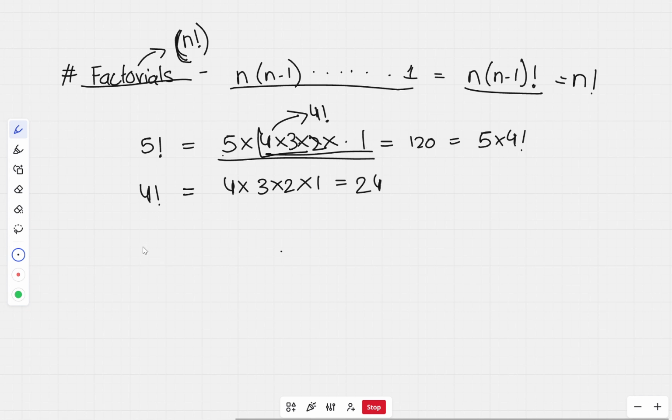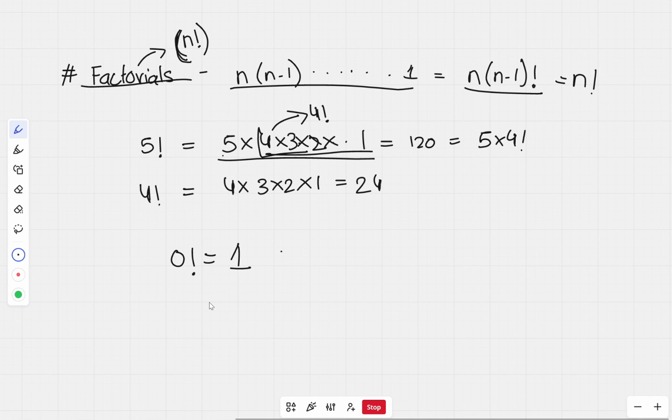Also, there's one important thing I need to say, which is what is the factorial of 0. Remember when I said n could be a whole number, and a whole number includes 0 too. So what is the factorial of 0? There is no number preceding 0, but the answer is 1.